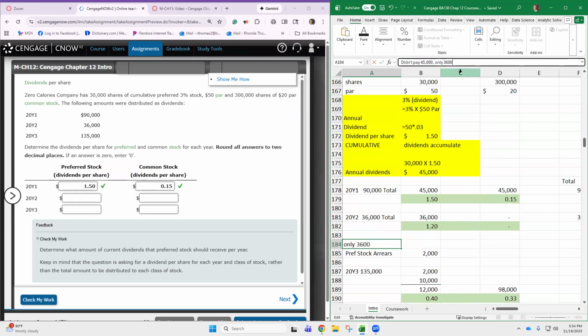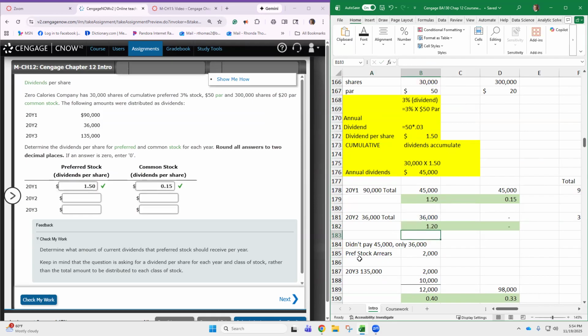Okay, so we kind of want to keep track of that. And then we owe them, what's the difference between 45 and 36? I believe it's 9,000. I want to make sure. So we have some preferred stock arrears.